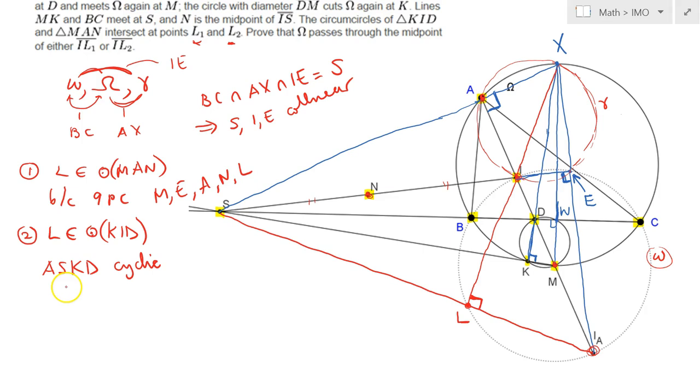So as a result, if I apply the power of a point X with respect to that circle, XA times XS would be equal to XD times XK. In a similar way, you can also observe that quadrilateral ASLI is also cyclic for a very similar reason, right?